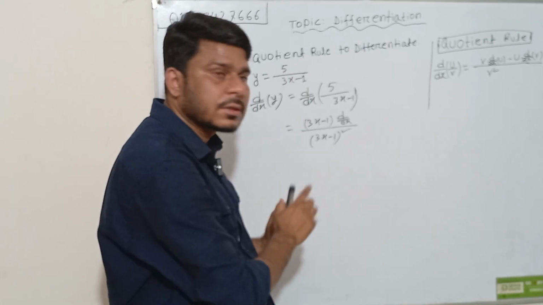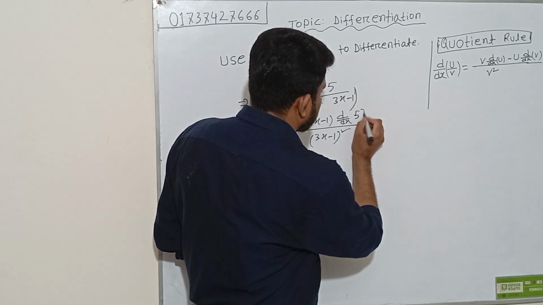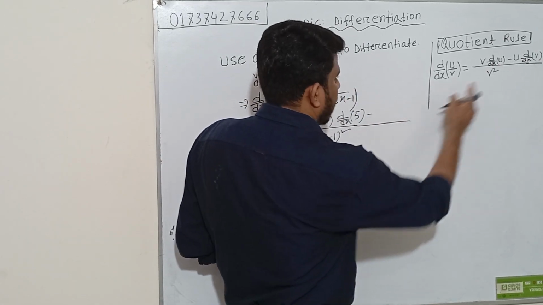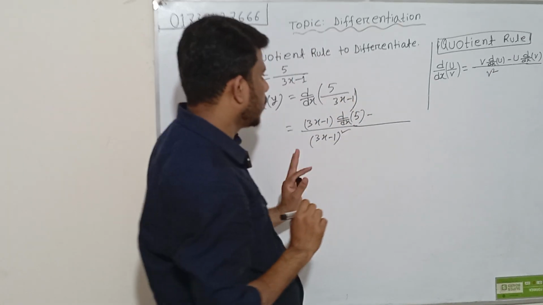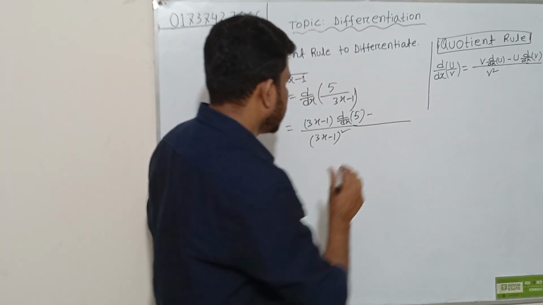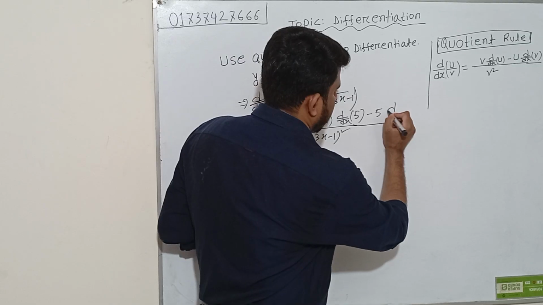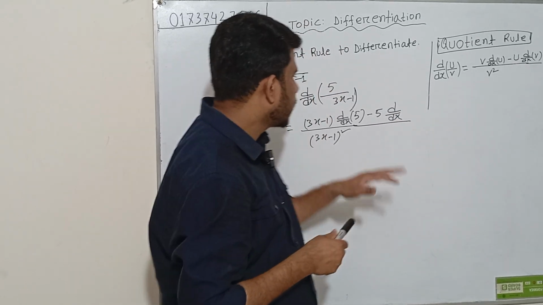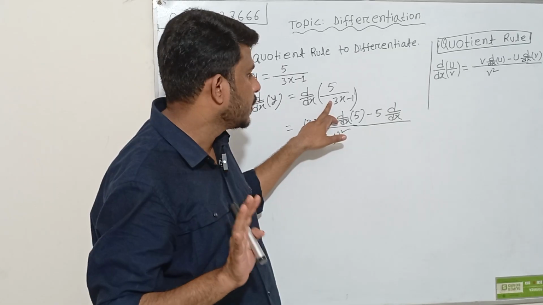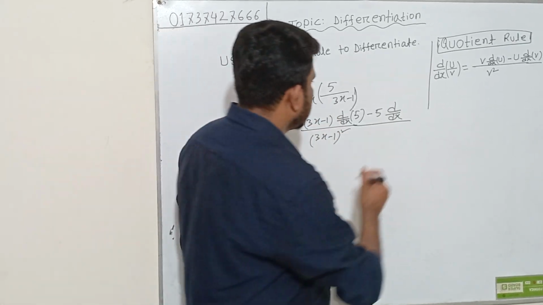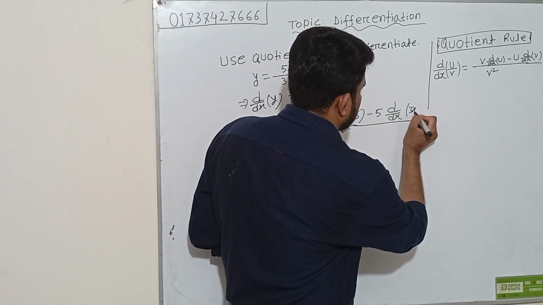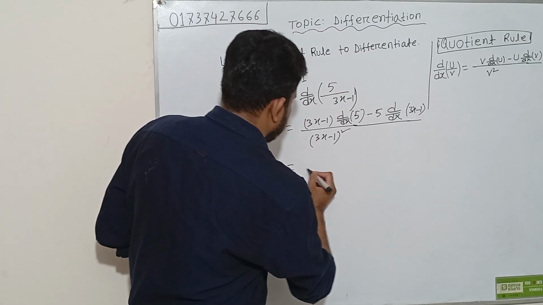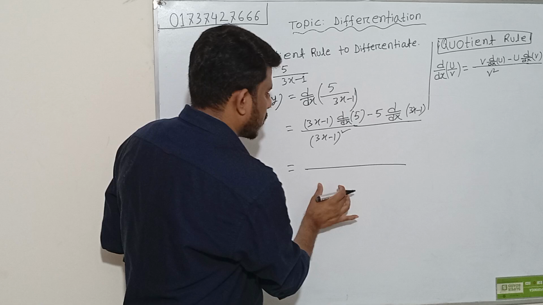You can imagine that, and there is a minus, and u is just copied here. So we can imagine 5 is just u. And d/dx of v, differentiate. We can imagine this one is just v, v means 3x minus 1. So 3x minus 1, and then this one is just copied here.